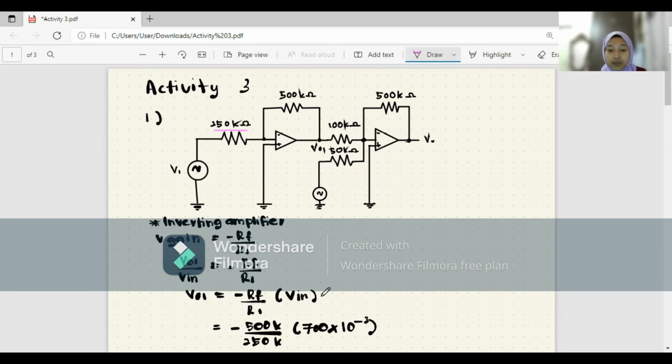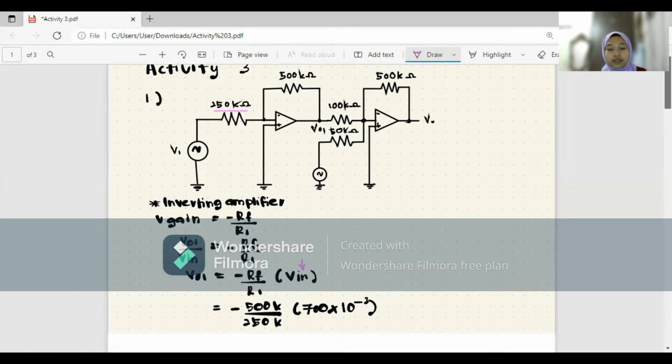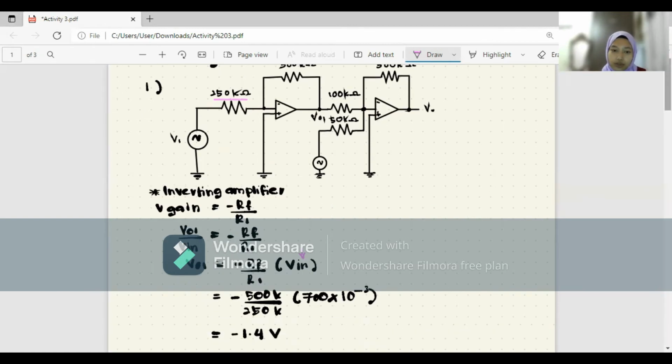So we can just substitute the Vin inside this formula. Omit the milli, so we need to multiply 700 with 10 to the power of negative 3, then we can finally get the voltage output for the first amplifier, which is negative 1.4 volt.